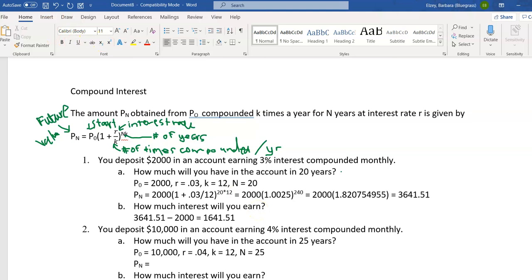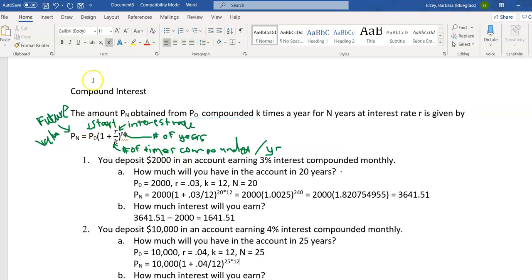But our P sub 0, which is first in our formula, is 10,000. And then 1 plus R over K, so 1 plus our R is 0.04 over K, which is 12. We want to raise that to the NK power, to the 25 times 12.